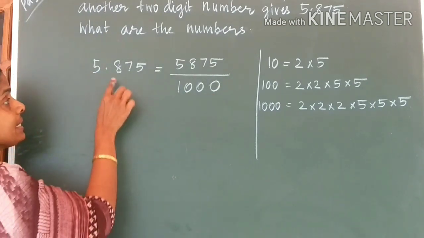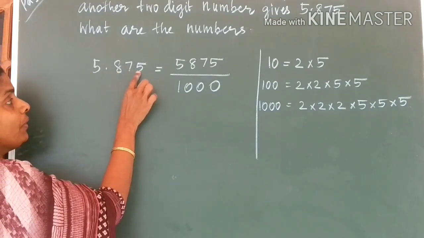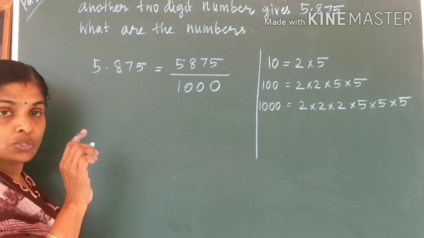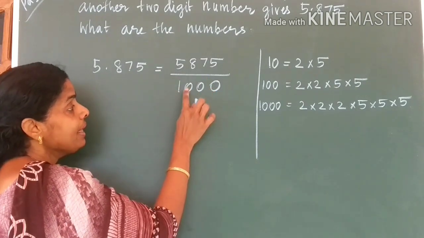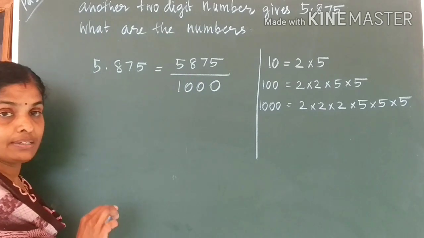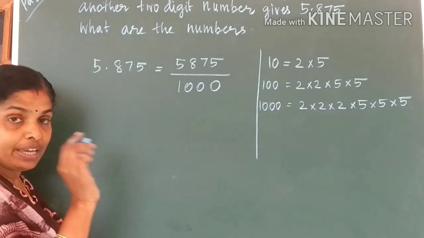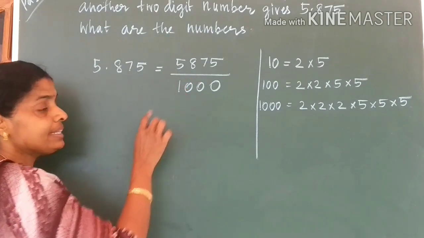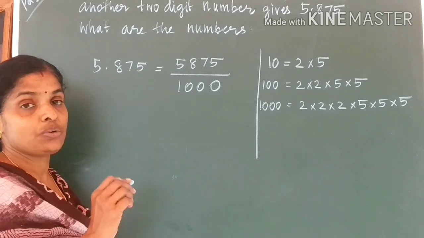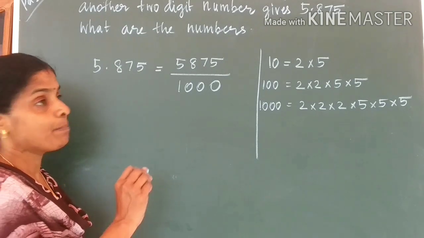It is because the decimal point is before 3 numbers. So I wrote the number divided by 1000.